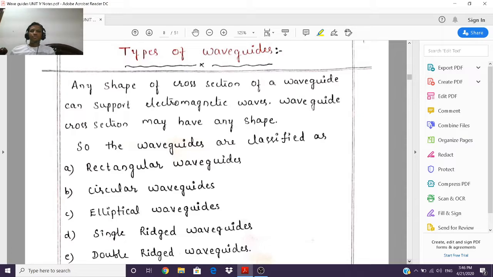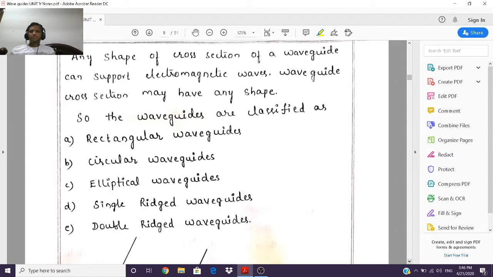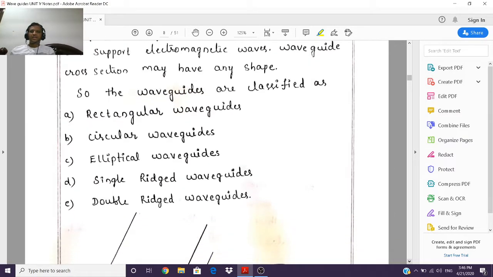In that, a few we are taking here. So the waveguides are classified as, the first one is a rectangular waveguide because the shape looks like a rectangle. And second is circular waveguide. Here the front view of the circular waveguide will be like a circle. Elliptical waveguide, the front view of the elliptical waveguide will just look like an ellipse.